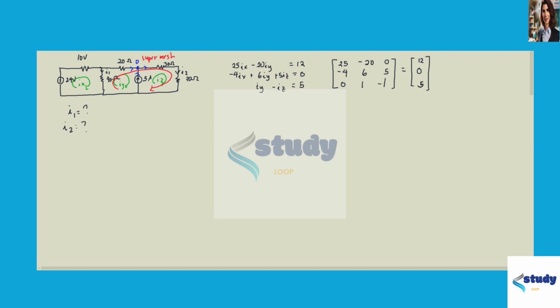So the determinant here, we get 25, negative 20, 0, negative 4, 6, 5, 0, 1, negative 1 as 25 times 6 times negative 1 minus 1 times 5, minus negative 20 times negative 4 times negative 1 minus 0 times 5, plus 0 times negative 4 times 1 minus 0 times 6.